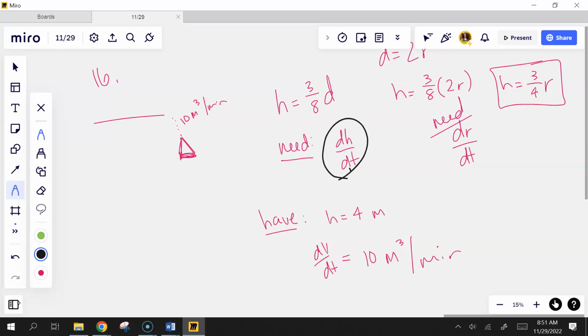How can we relate them? Well, what's the volume of a cone, first of all? Because I've got a volume here. I would say 4/3 pi r cubed, but that's my answer for every volume all the time.